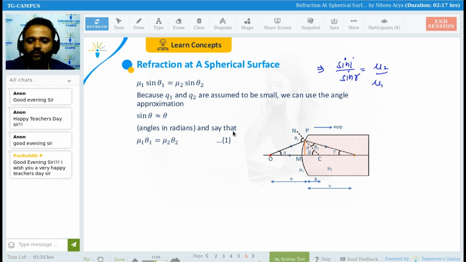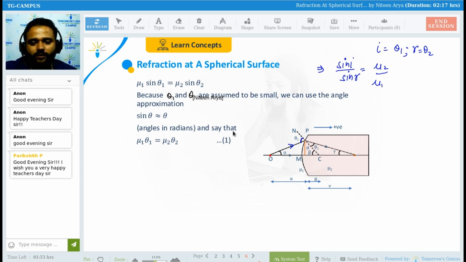Instead of i and r, we can use theta 1 for the angle of incidence and theta 2 for the angle of refraction. Clear, everyone? And this one is also theta 1, theta 2.